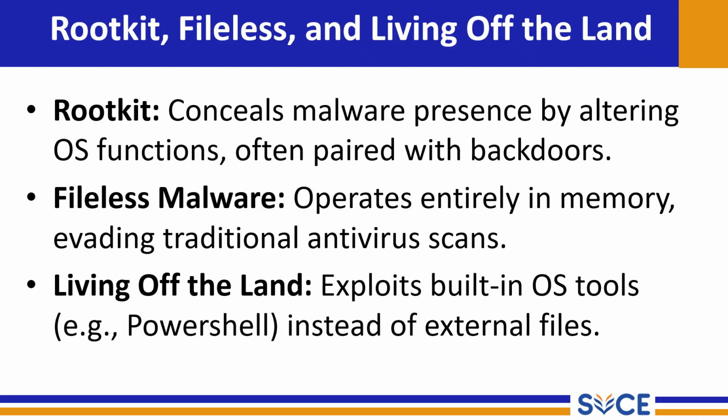So first one, rootkit, which conceals a malware presence by altering OS functions, often paired with a backdoor. It is a collection of software designed to give malicious actors control of a computer, network, or application.